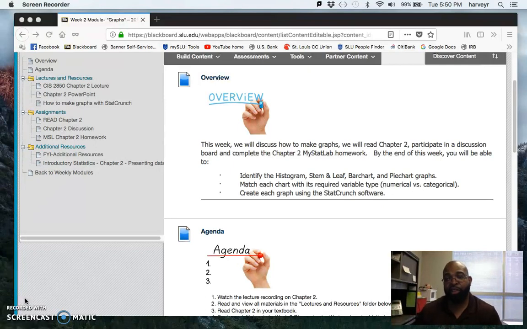As with last week, your initial post will be due Wednesday by midnight, with your subsequent posts due Sunday by midnight. And then finally, you will have a homework assignment in MyStatLab. Once again, keep in mind that you'll be able to use StatCrunch to do any calculations that you need to do.